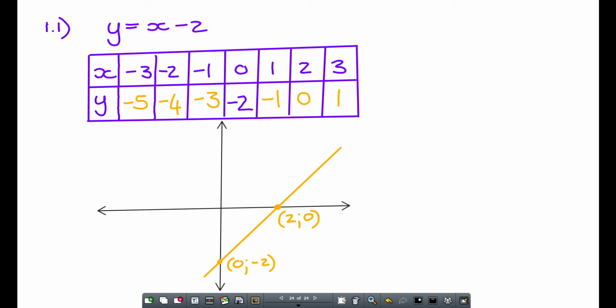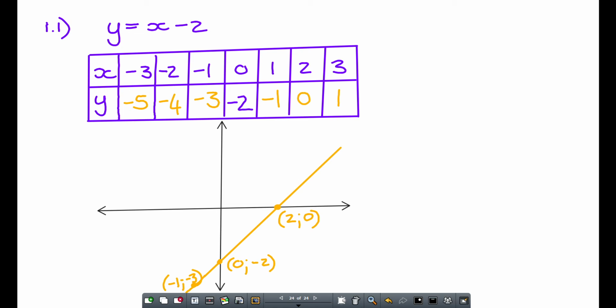All right. Do you guys understand? Okay, now this one, x is minus 1 and y is minus 3. So let's say that would have been here. Minus 1, minus 3. Does it now make a bit more sense?